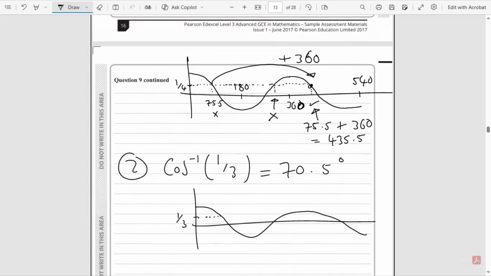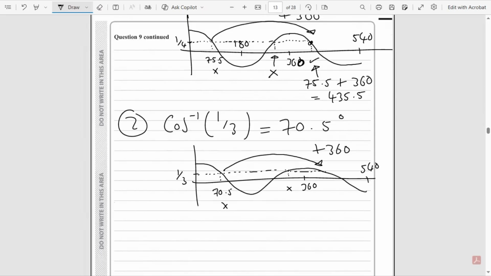The calculator's given us 70.5 degrees, but again, that's not acceptable. This next one here is also not acceptable as well because 360 degrees is there. We're going to need to go to the next one. And again, that finishes at 540. So we're going to add 360 because again, the period of a cos wave is 360. And that will get us the solution that we need there.